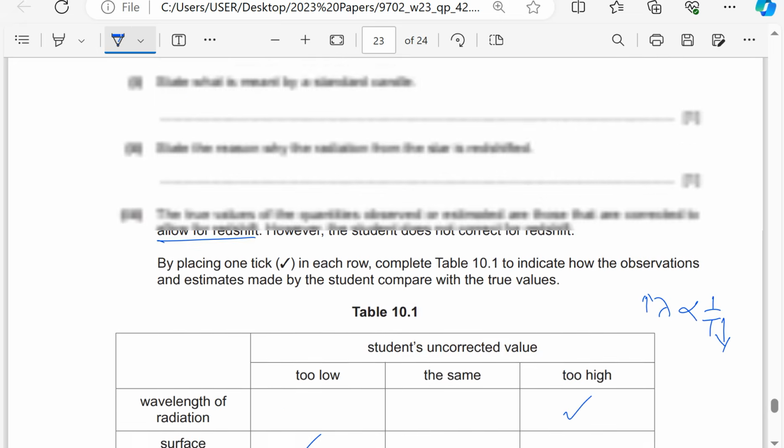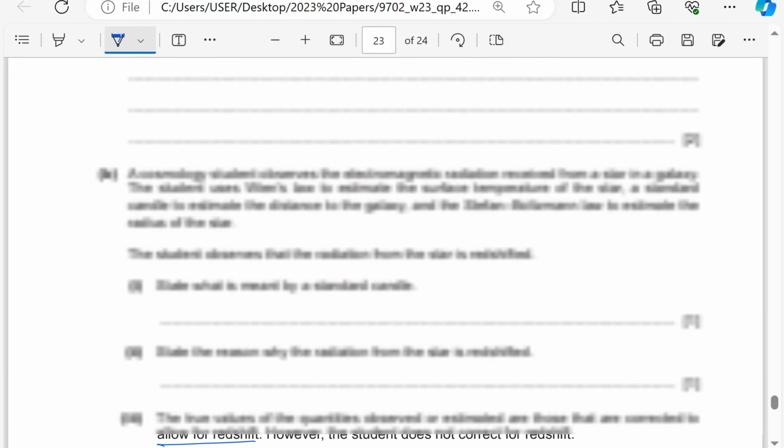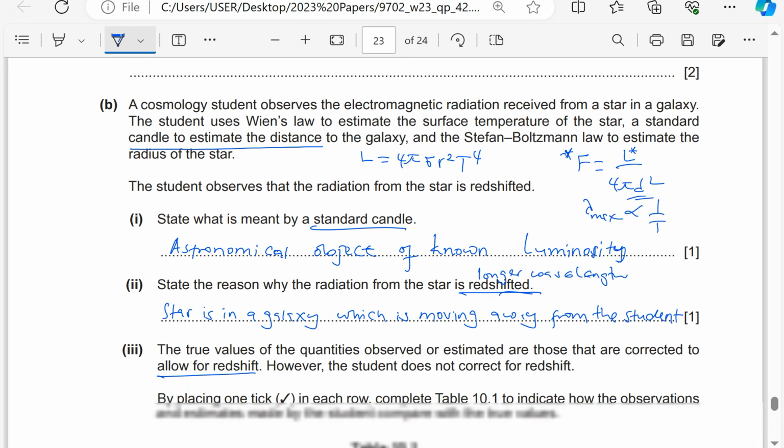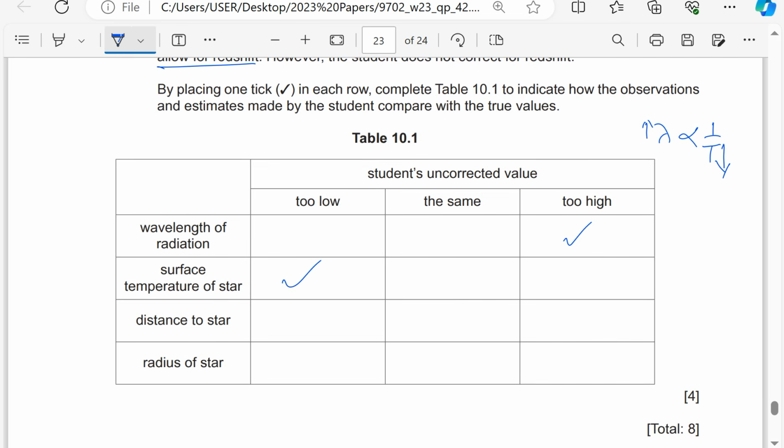Then distance. For distance, the student used the standard candle. That is F is equal to L over 4 pi d squared. So if the luminosity is constant and the student is using the standard candle, the radiant flux intensity is also constant, so it means the distance is not being affected, so D is the same.